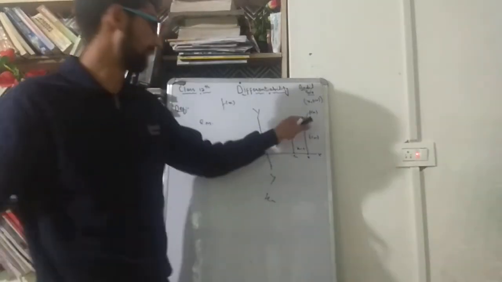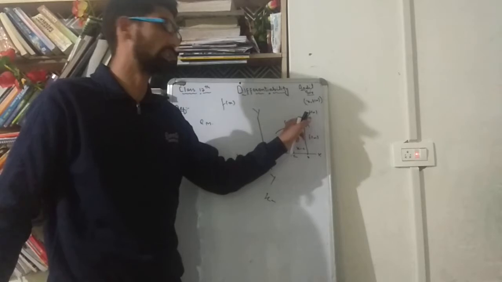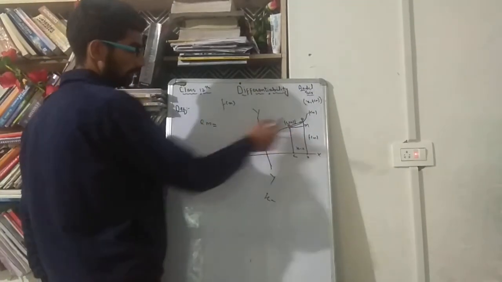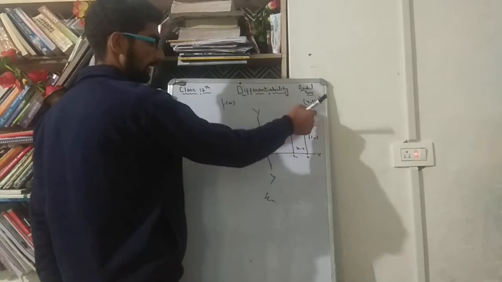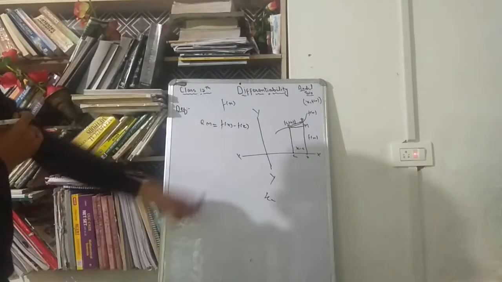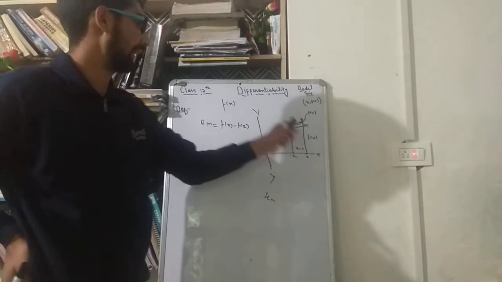So when I subtract f of C from f of x, I will get the distance QM, and that will be equal to f of x minus f of c. So now I have the distance QM given, and I also have the distance PM given.